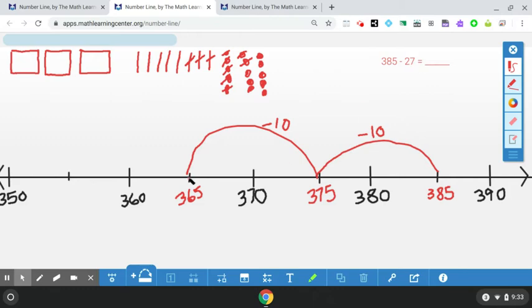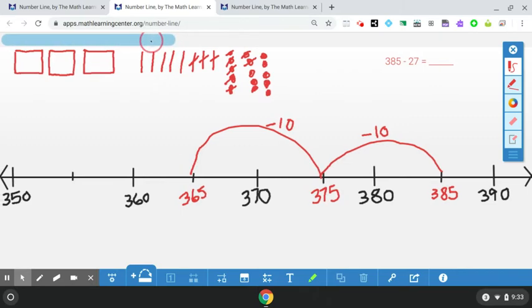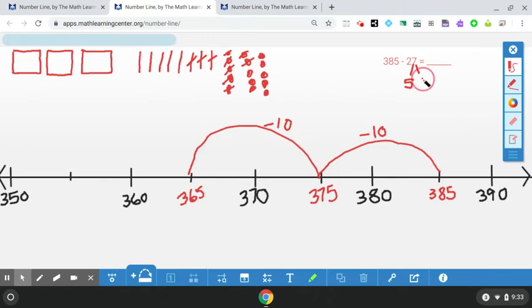Well, we are right here on our 365, and I have to go 7 more. Well, remember, if I jump 5 to get to an anchor number, I can do just what I did the other day. I can break this 7 up into 5, and how many more? 2. You're right.